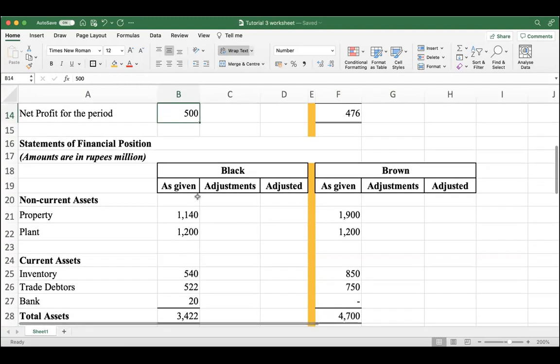So this is now the worksheet for the accounting analysis.